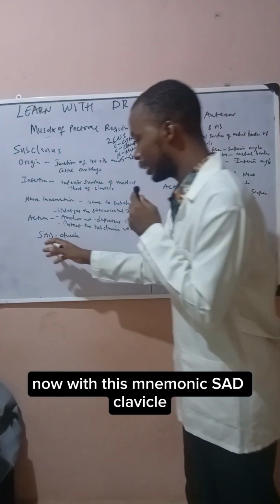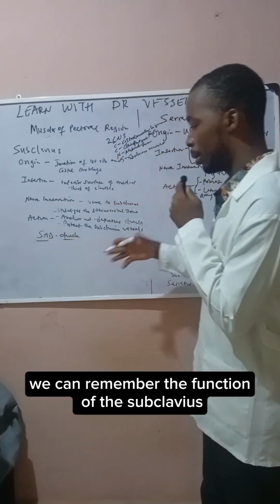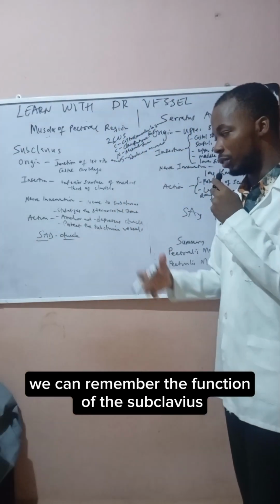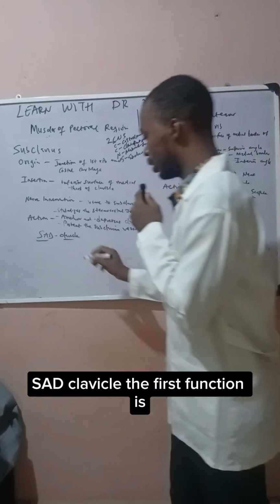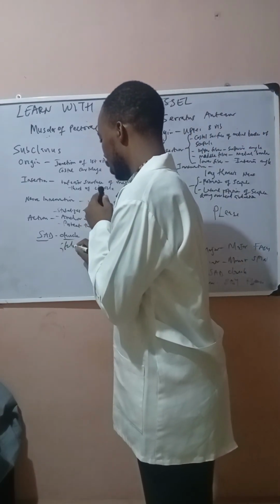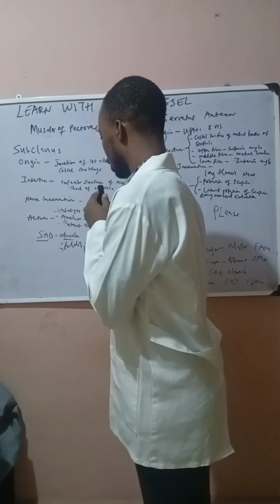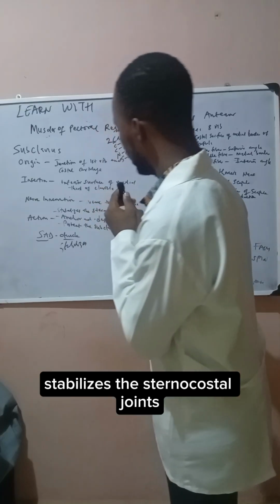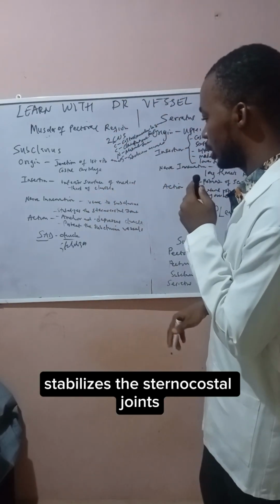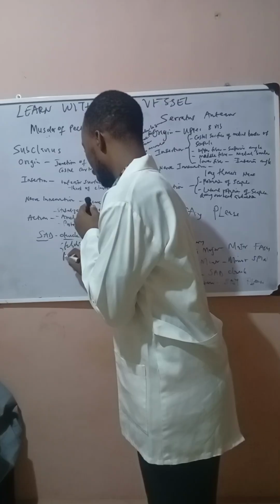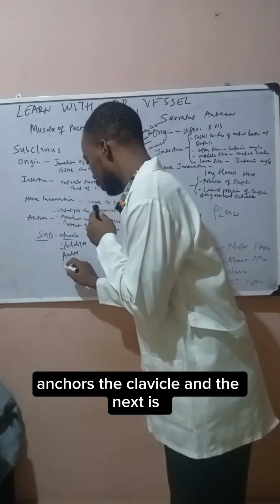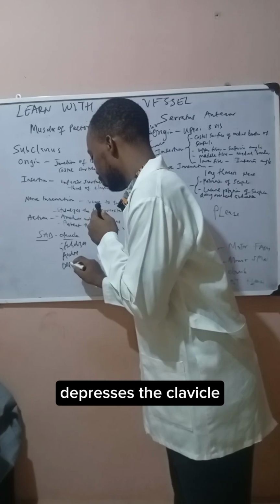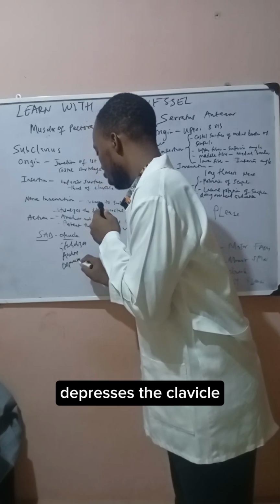With this mnemonic, SAD clavicle, we can remember the function of the subclavius. The first function is stabilizes the sternocostal joint. The next is anchors the clavicle, and the next is depresses the clavicle.